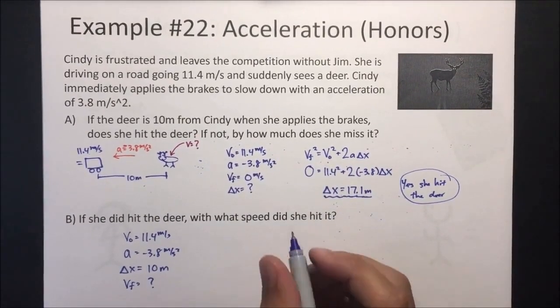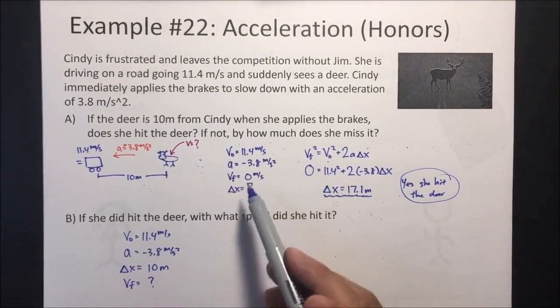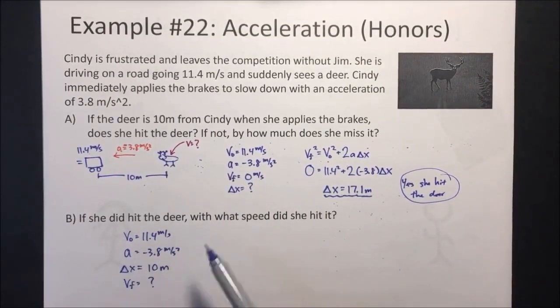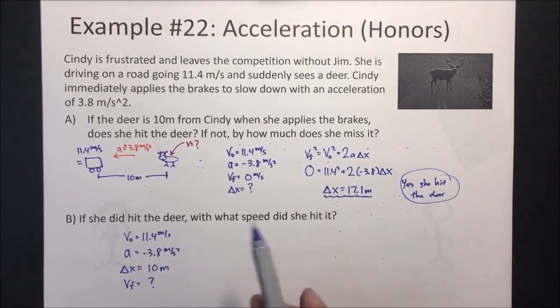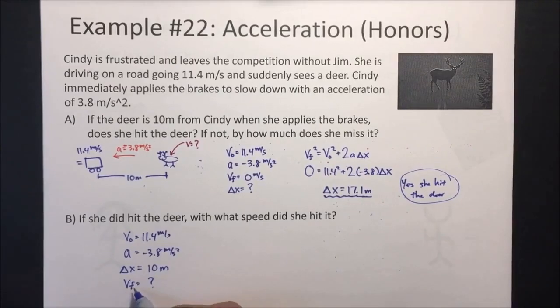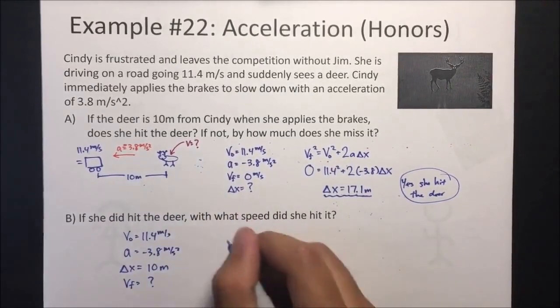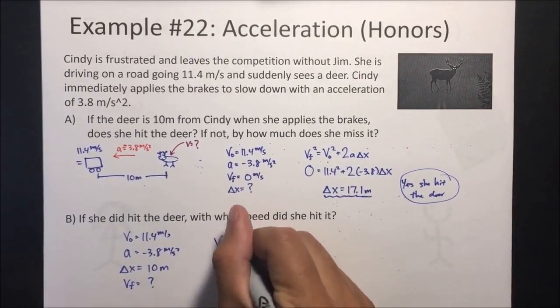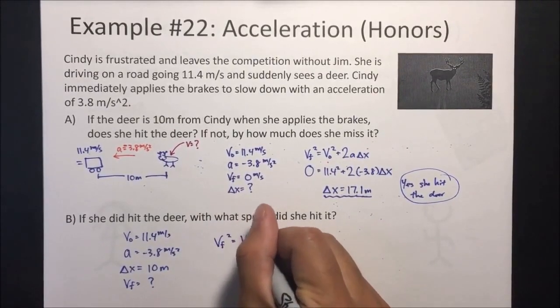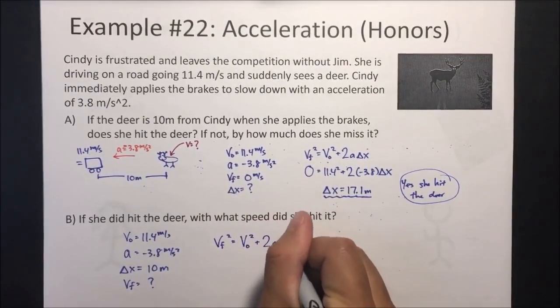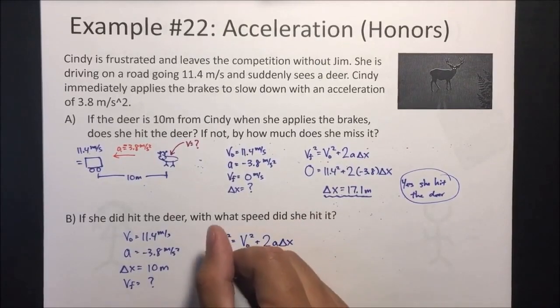So we're going to be looking for the same thing. We have the same variables here, different numbers, and we're going to try to find what this velocity is after 10 meters. So Vf squared is equal to V initial squared plus 2a change in x.